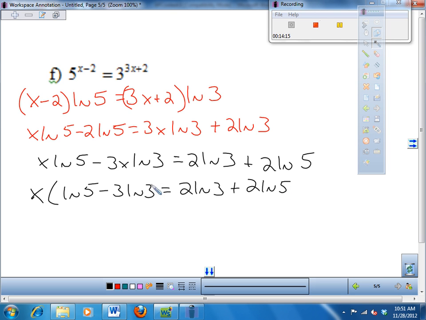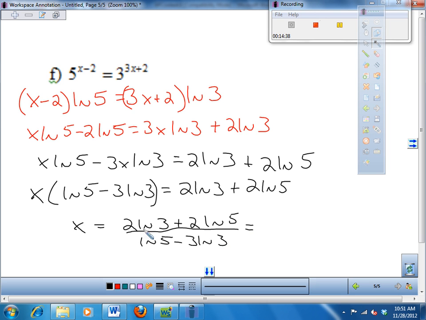And then I divide by this. So I get x equals this messy thing, 2 natural log of 3 plus 2 natural log of 5 over natural log of 5 minus 3 natural log of 3.